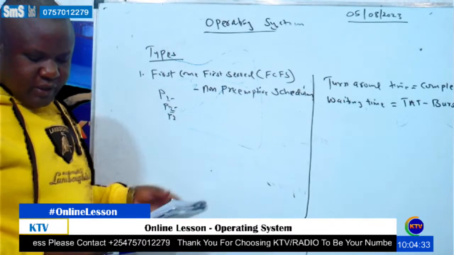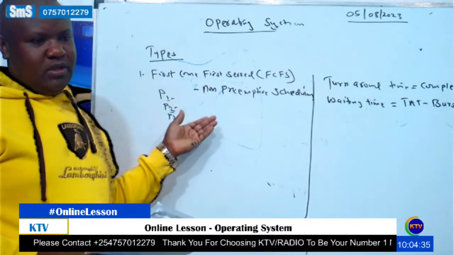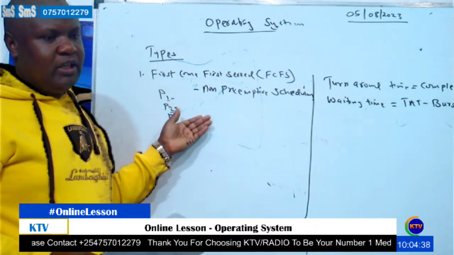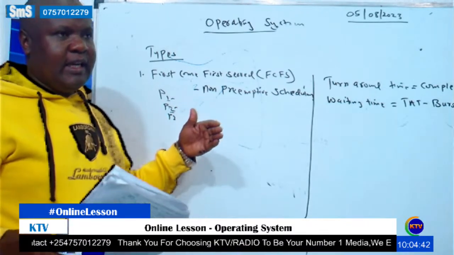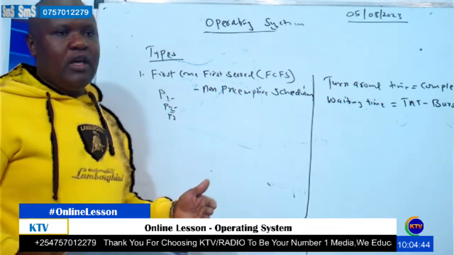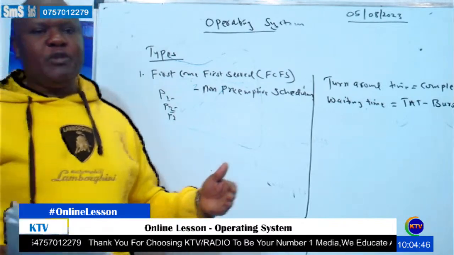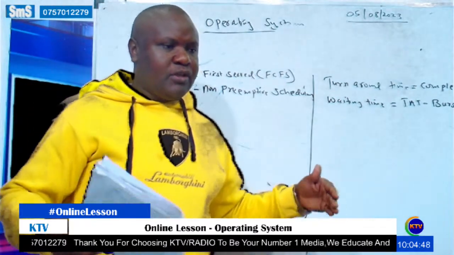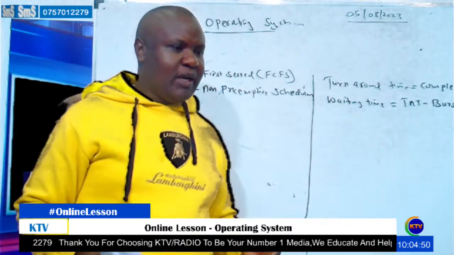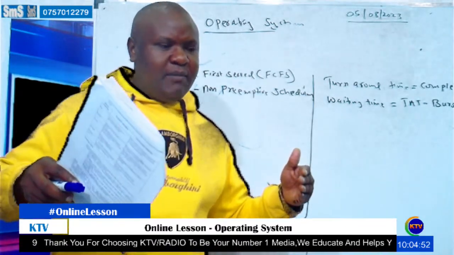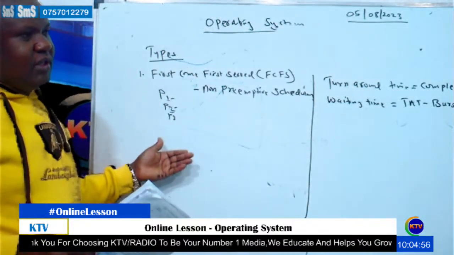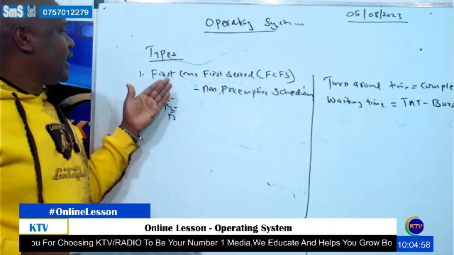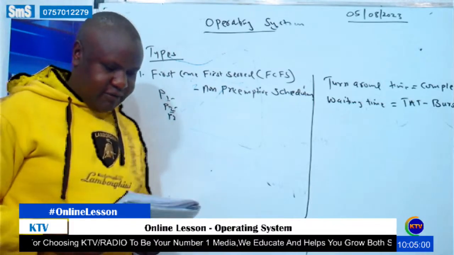Another one is that it does not lead to starvation. Remember, in first come, first served, no process is kept waiting for a long period of time. It depends on the time the process arrived, so there is no starvation.